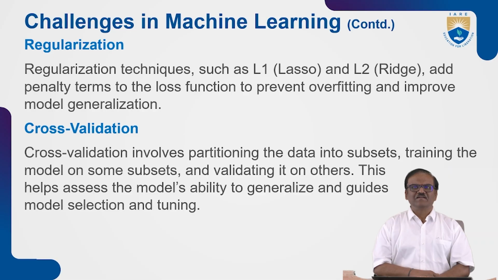Cross validation. Cross validation involves partitioning the data into subsets, training the model on some subsets, and validating it on others. This helps assess the model's ability to generalize and guides model selection and tuning.